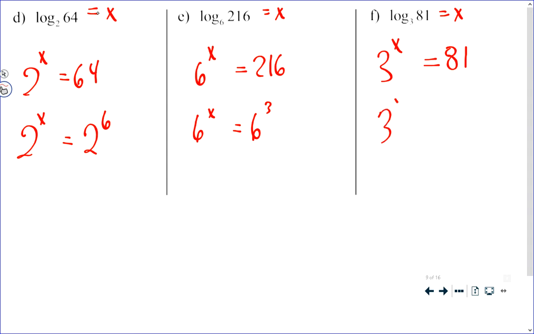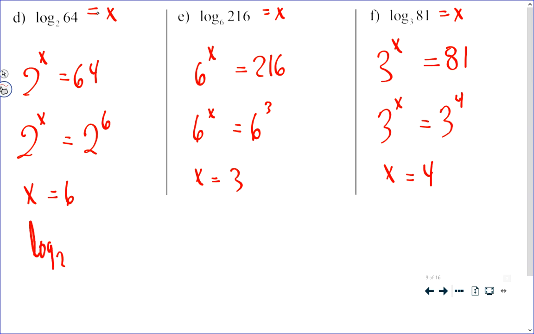And with a little bit of help on your calculator, and probably, I hope, a little bit of thought on your part, you will discover that 81 is 3 to the 4. So since the bases are the same, the exponents are the same. Which means log base 2 of 64 is equal to 6.